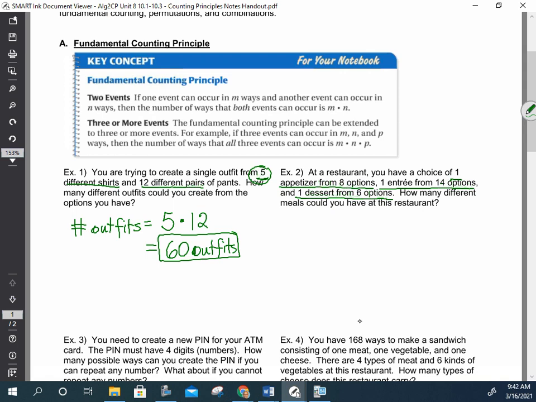how many different meals could you have at this restaurant? So your number of meals is your appetizers times your entrees times your desserts.